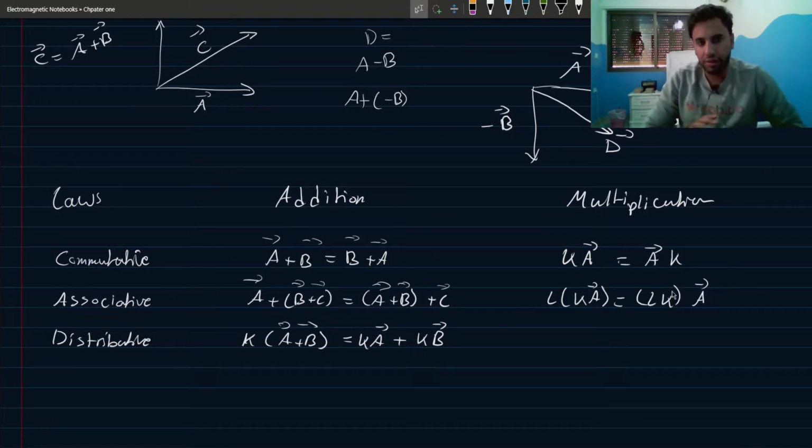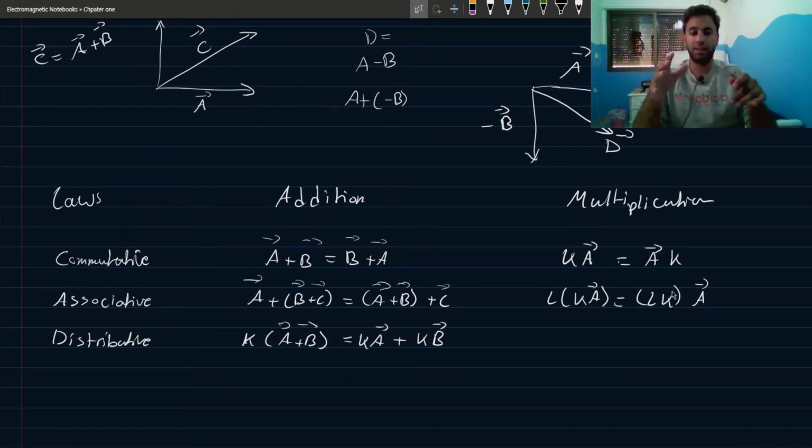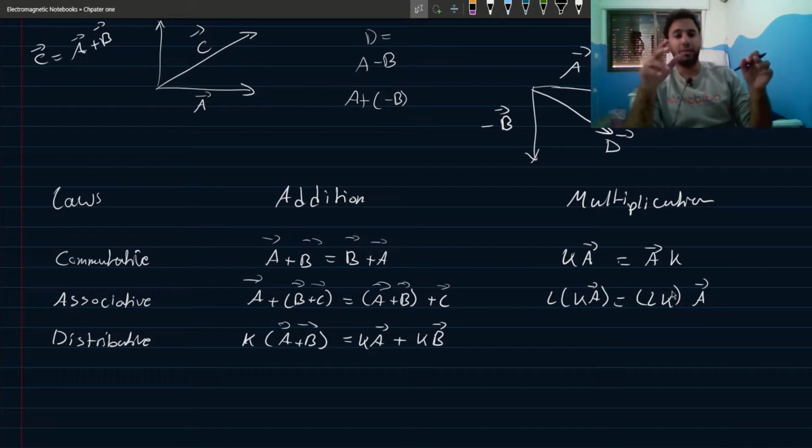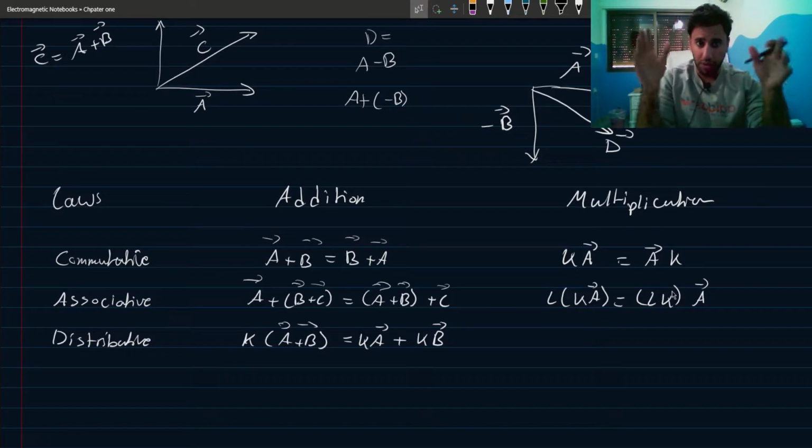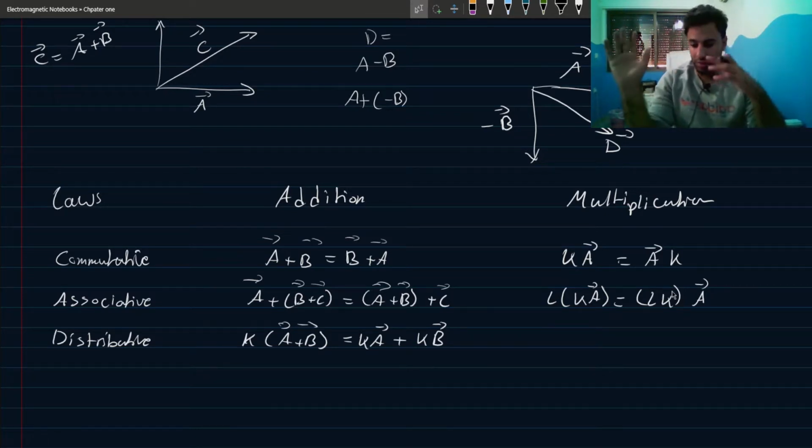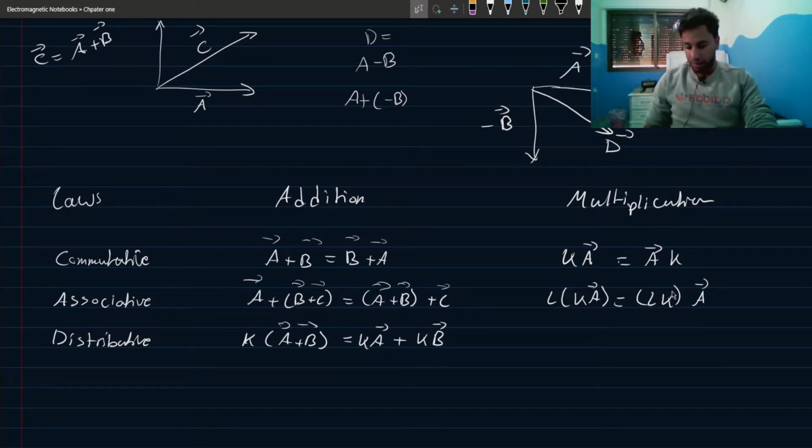That's the only thing for multiplication in this case, which is a scalar multiplied by a vector, not a vector multiplied by another vector. When we multiply two vectors together, that's a whole different topic in the second video.